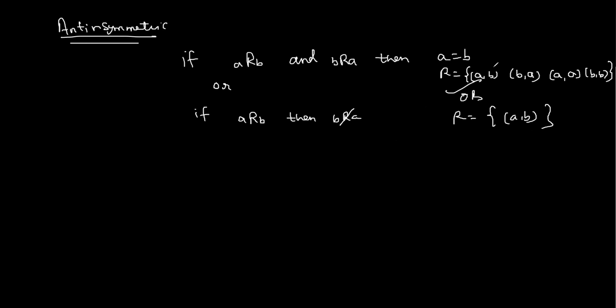If A comma B is there and also B comma A is there, then A must be equal to B. If only A comma B is there, then B comma A must not be there. If any one of these pairs comes in a relation, then you can say antisymmetric relation.